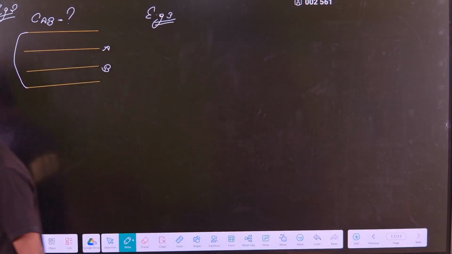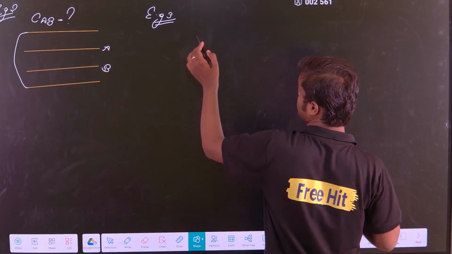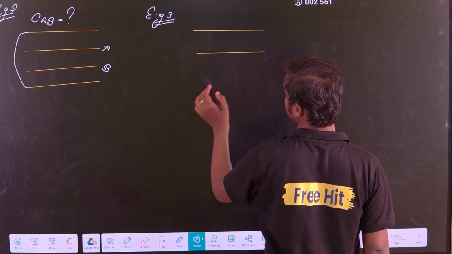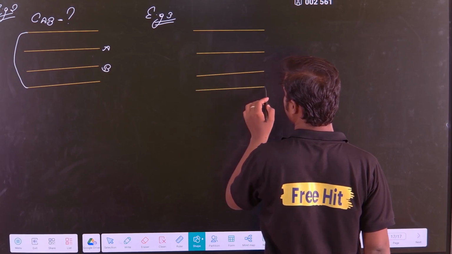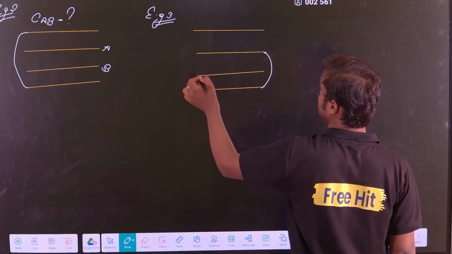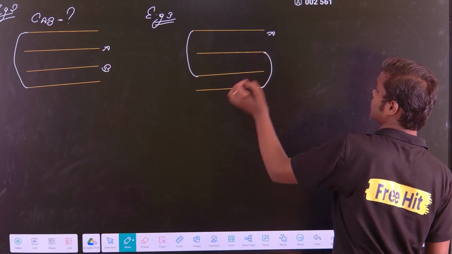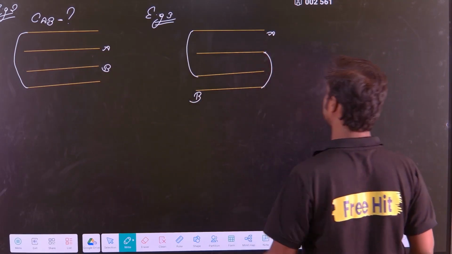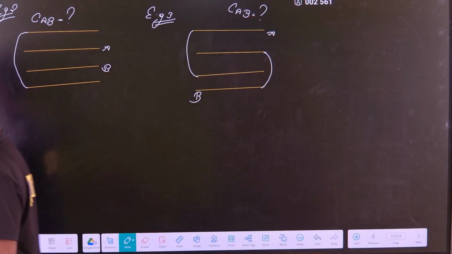Third example. Don't go into the lines, okay? Lines are not straight. Don't say like that, just assume it is a straight line. For this you also calculate CAB. Just do the calculation and tell me.